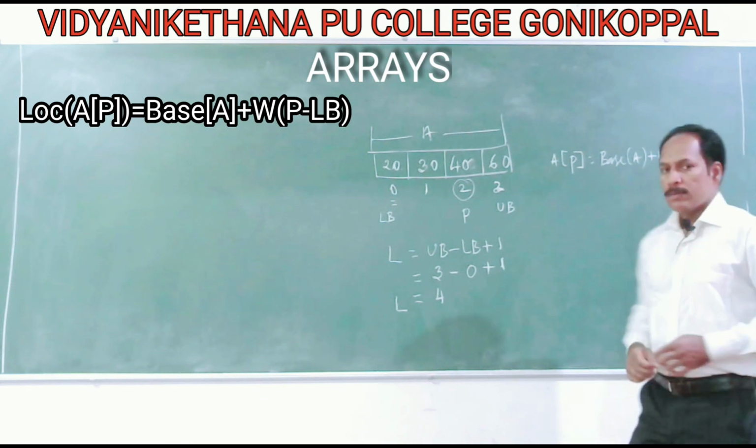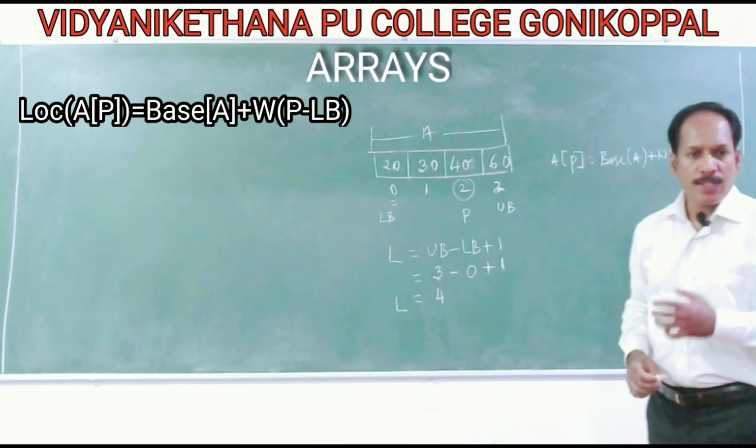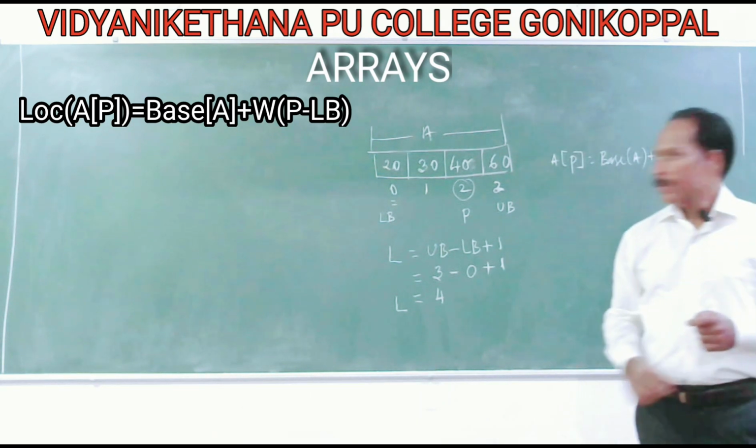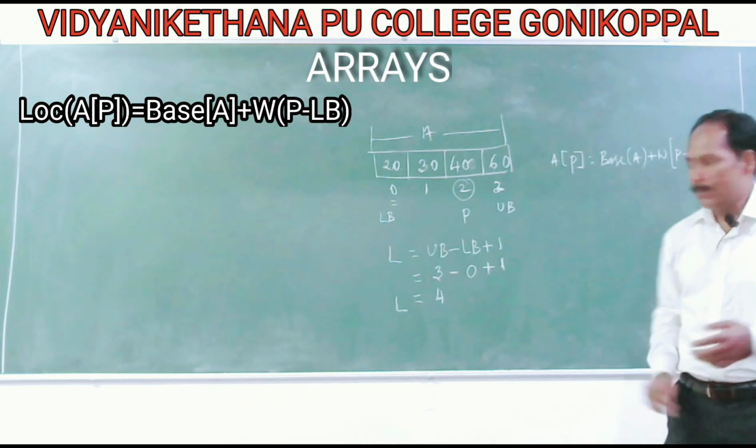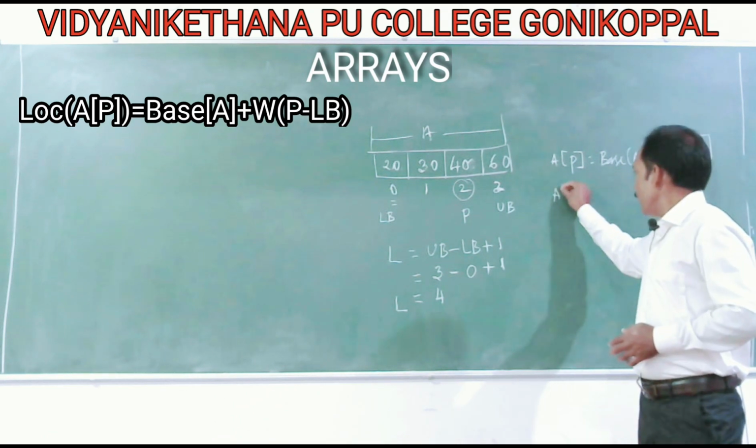This is how the compiler generates the address. If you are looking for a particular element like A of 2, I want to know where A of 2 is present.